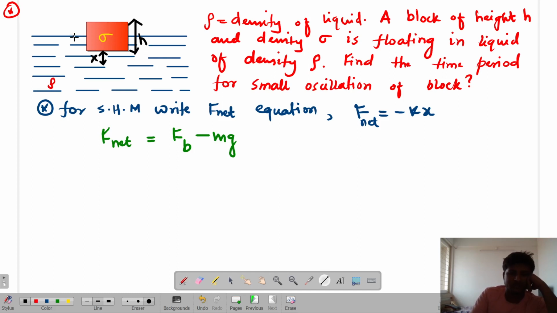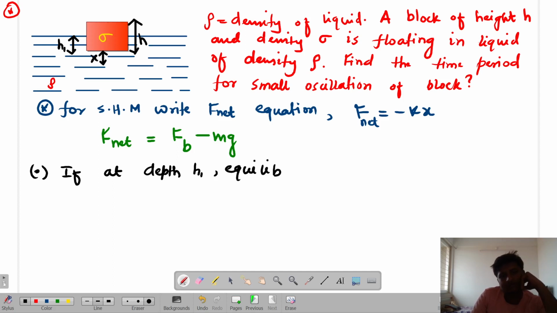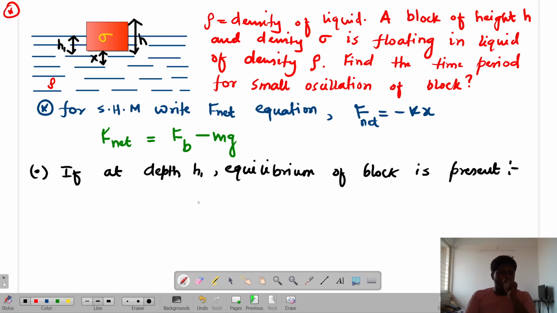Let's suppose the equilibrium point is attained at height h1, isn't it? So second step: if at depth h1 equilibrium of block is present, what will be the equation?